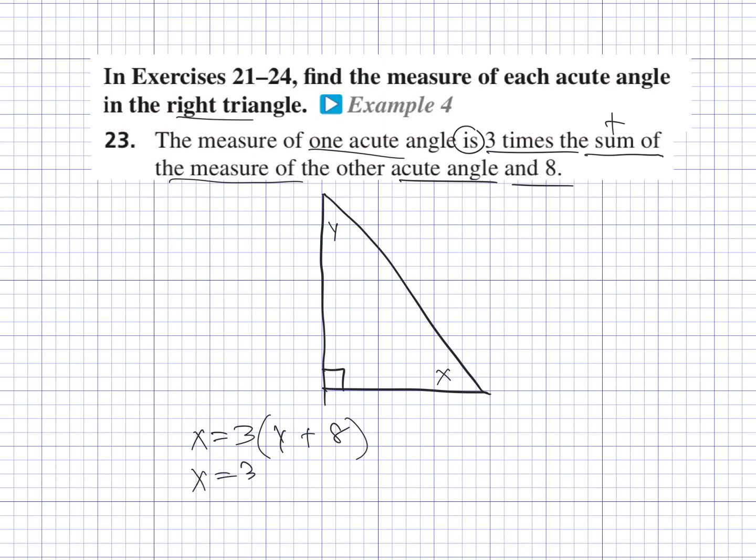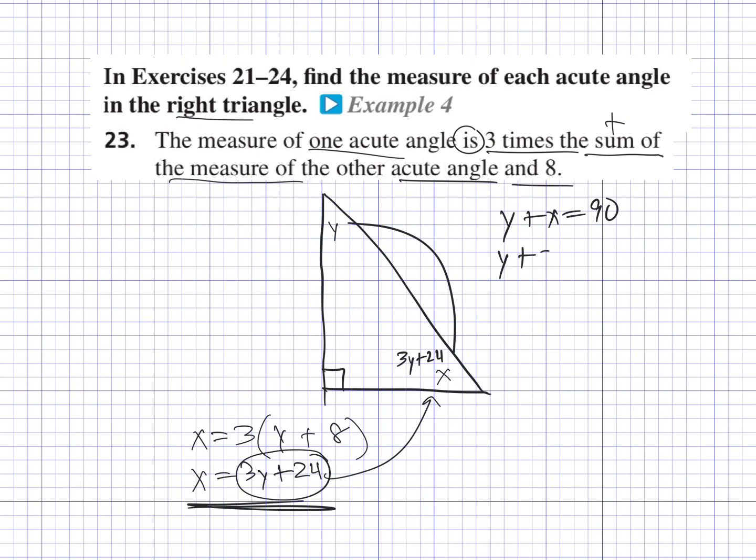All right. So x is 3y plus 24. So again, we can substitute this in for x as 3y plus 24. And so what do we have? We have these two angles added together, y plus x equals 90, and we substitute what x is down here. y plus 3y plus 24 equals 90.